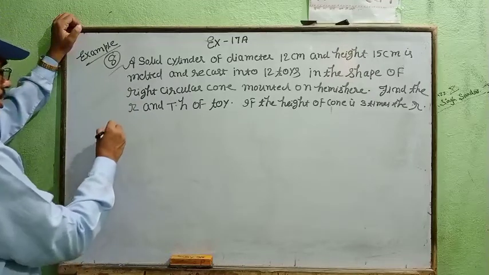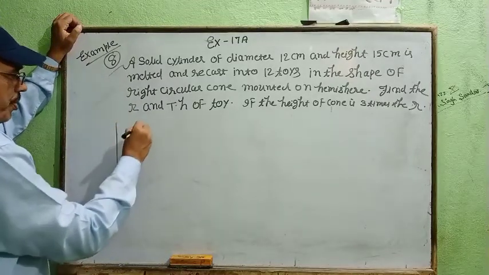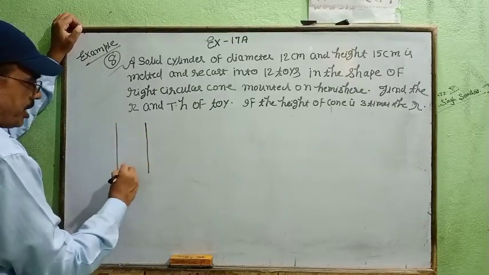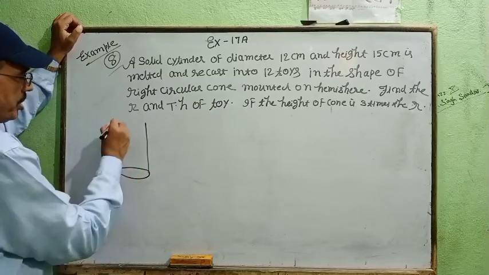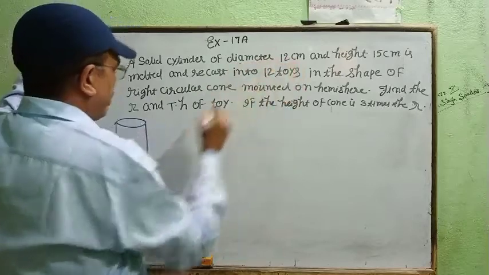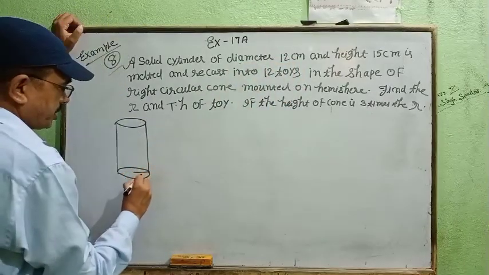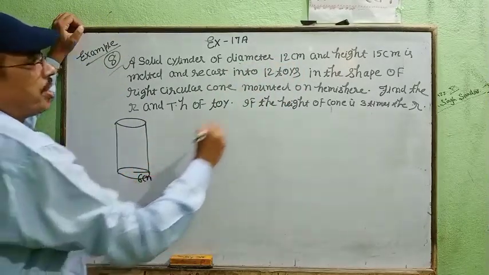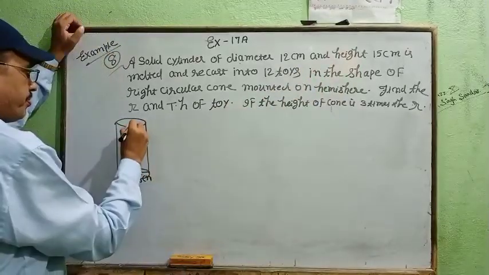Here you see, one is a cylinder and this cylinder is solid, and the diameter is 12 cm, that means the radius is 6 cm and the height is 15 cm.